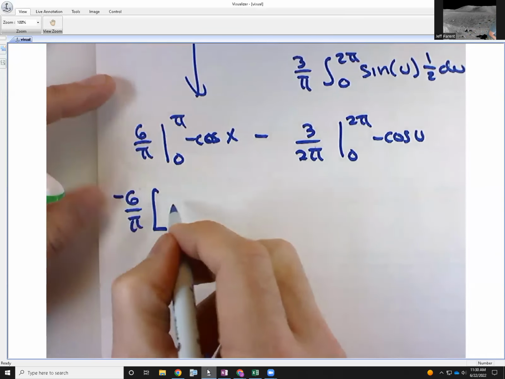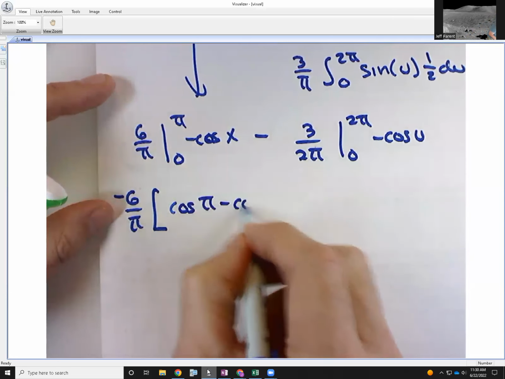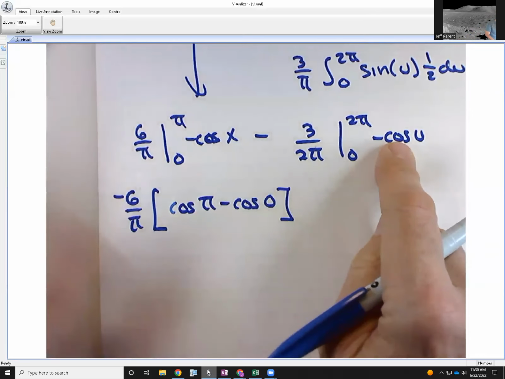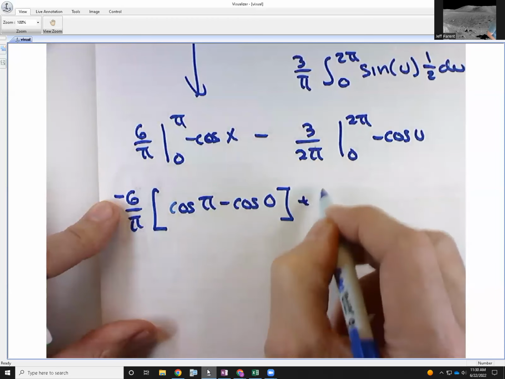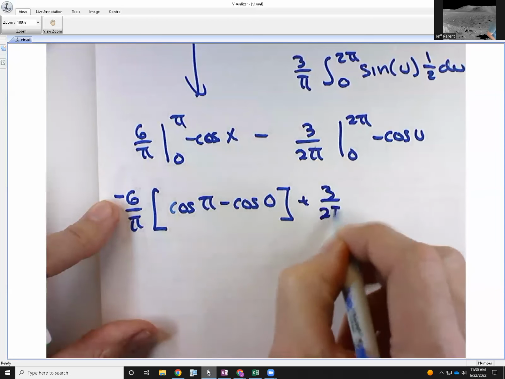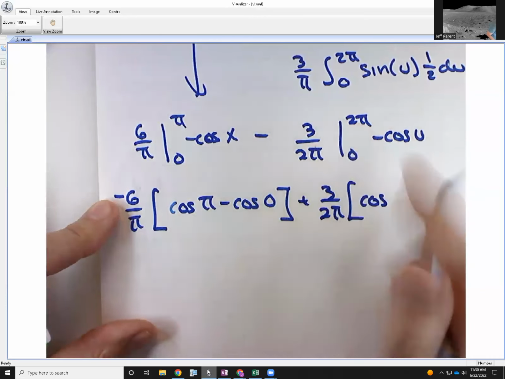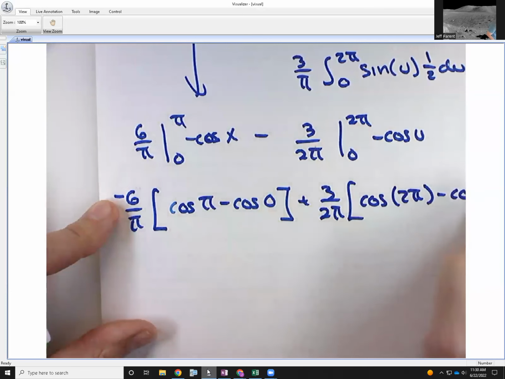I'm going to put it out here and then just deal with a cosine of pi minus a cosine of 0. And I'll do likewise here. Let's factor out that negative. That's going to become a positive, plus 3 over 2 pi times a cosine of 2 pi minus a cosine of 0.